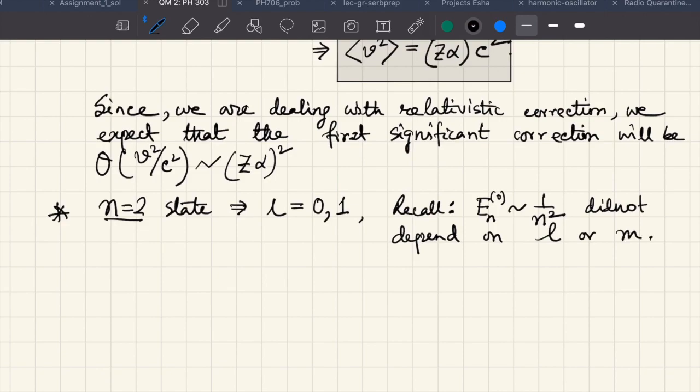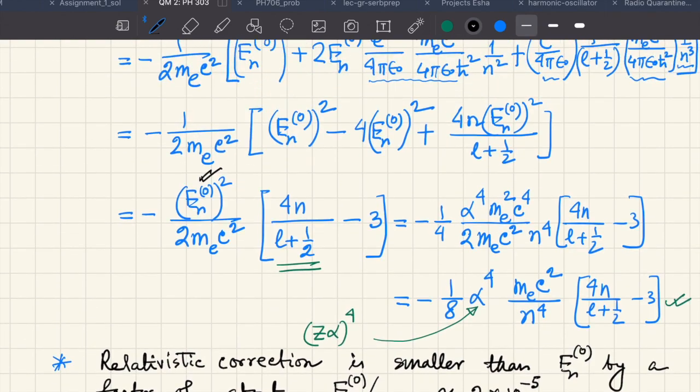But now if you look at this expression, there is this L sitting. This L is everywhere. So if you look at this expression of the relativistic correction, it has L dependence.